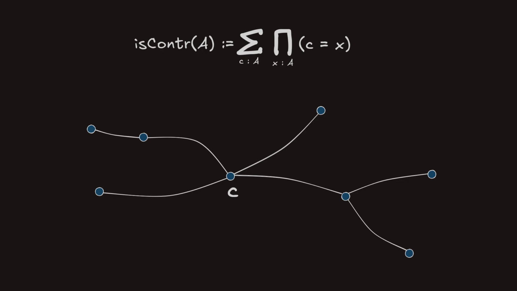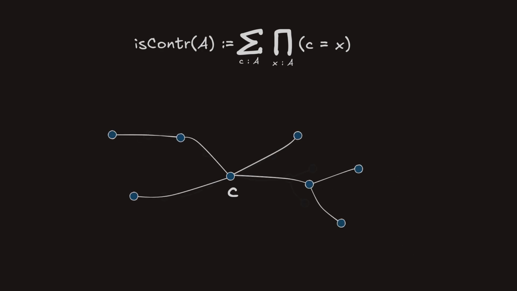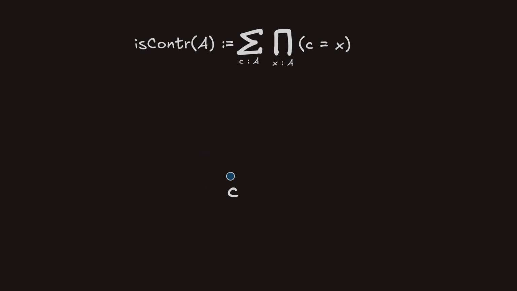In other words, a contractible type can do this. We refer to C as the center of the contraction.